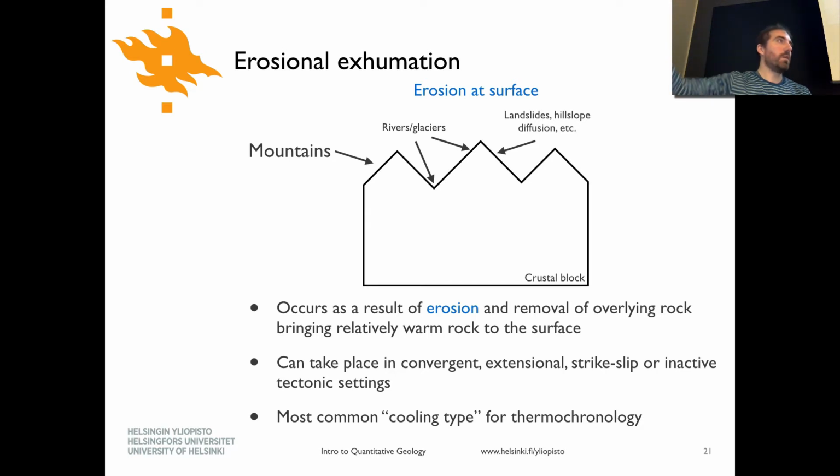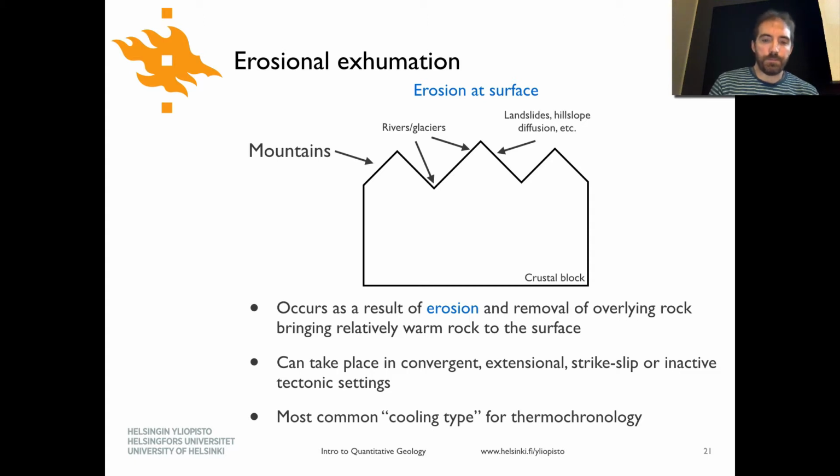So when a glacier flows down a valley, it's scraping away bedrock and removing material from the surface and exposing rock from depth to the Earth's surface. And over millions of years, this can lead to kilometers of rock being removed by rivers or glaciers or landslides or whatever, that exposes rock from quite deep up to the Earth's surface.